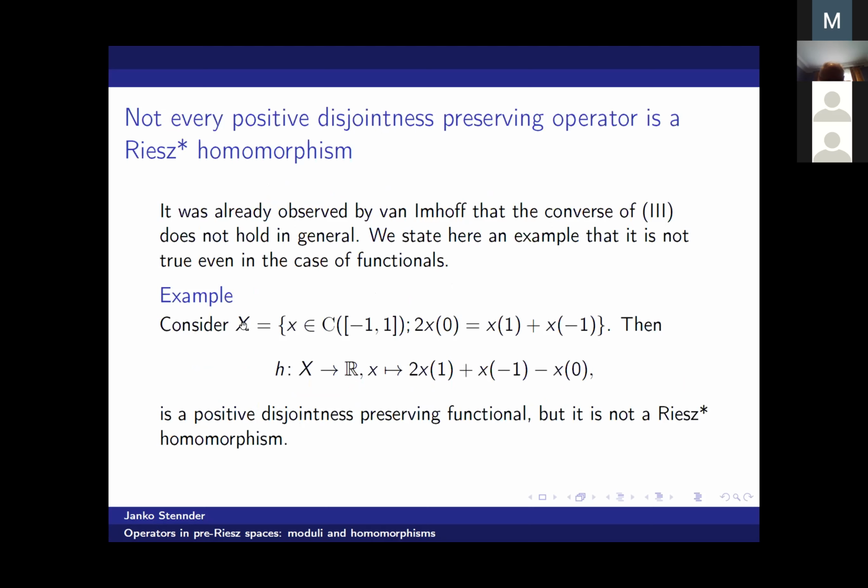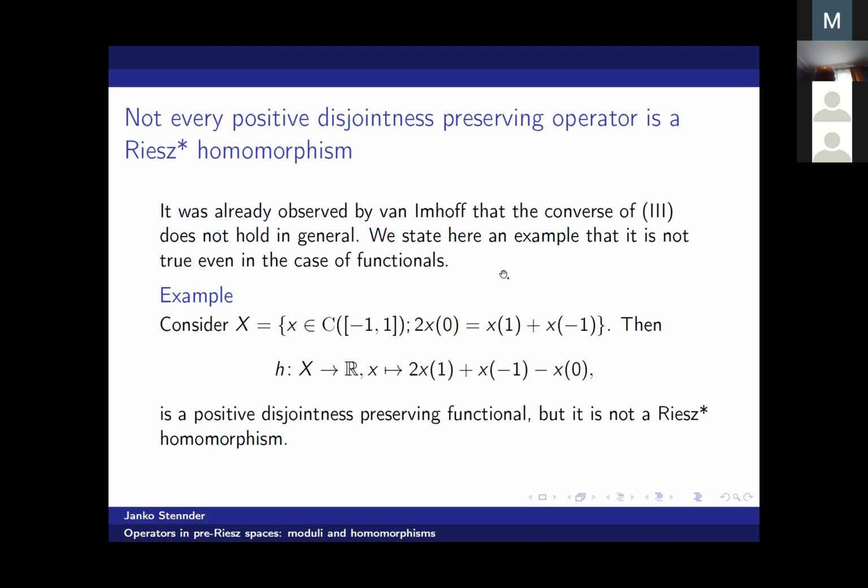For this, we take the so-called Namioka space, which is just a subspace of the continuous functions on the interval -1 to 1, which satisfy this equality. Then we can define a functional in this way, which is basically just evaluating at some points and adding or subtracting them.